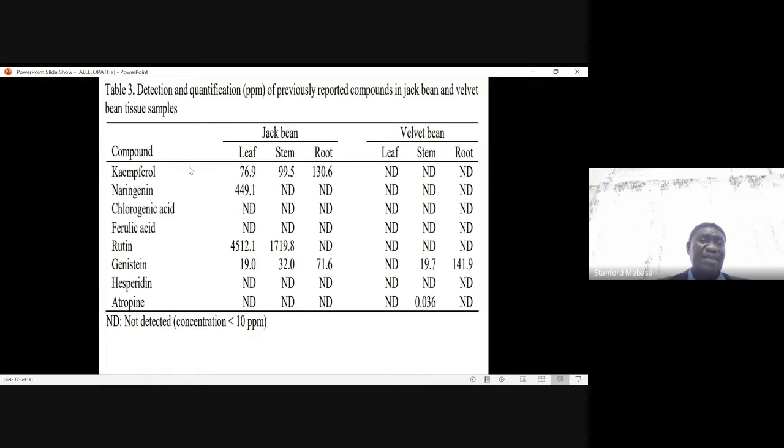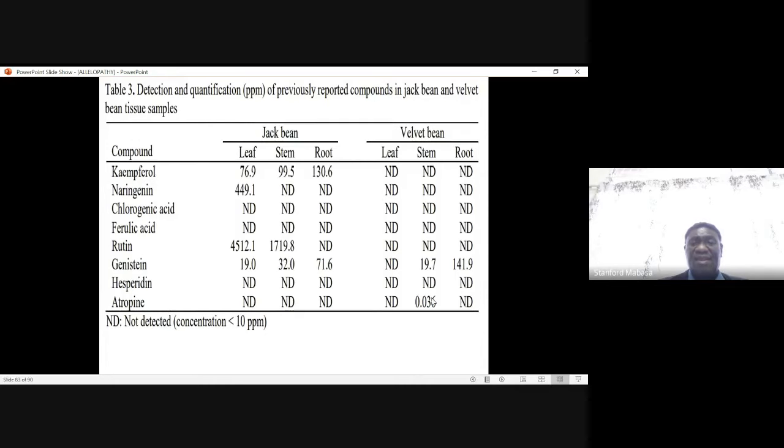But jack bean had kaempferol. It had naringenin. It also had a lot of rutin and also daidzein.